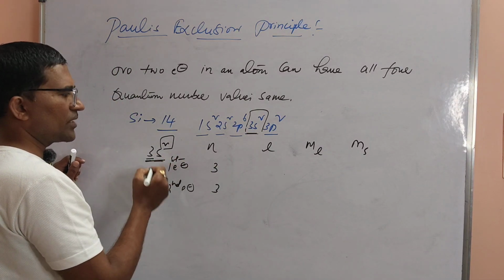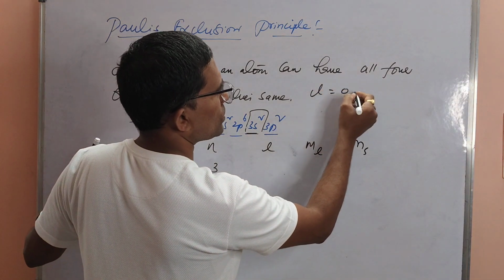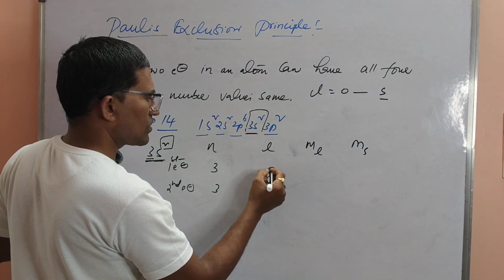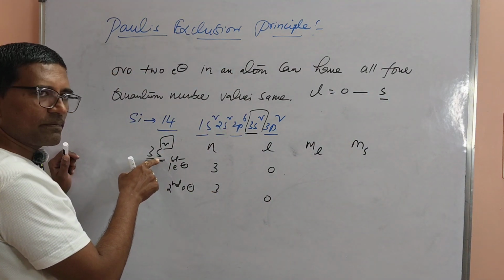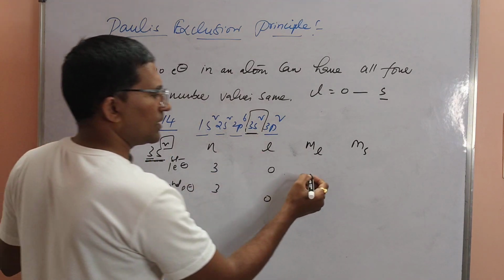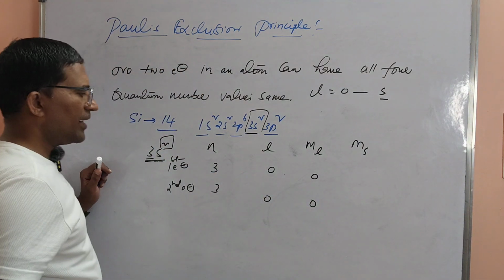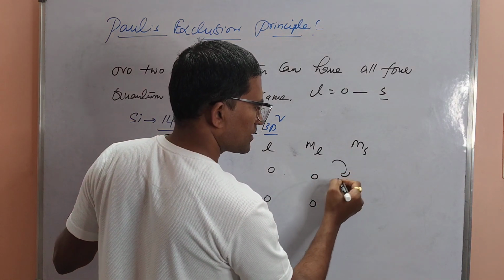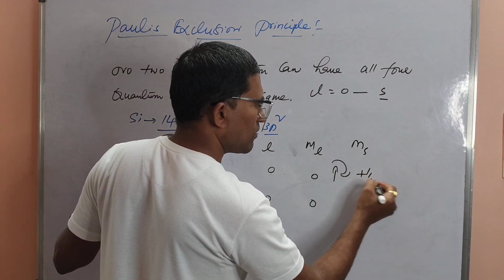l is how much? I told you, if l is equal to 0, which subshell will come? s. That is, l is equal to 0, 0 because s is there. And if l is equal to 0, ml will become 0 automatically. And for ms, with 2 electrons there, one will spin clockwise, the upward arrow, value plus half.